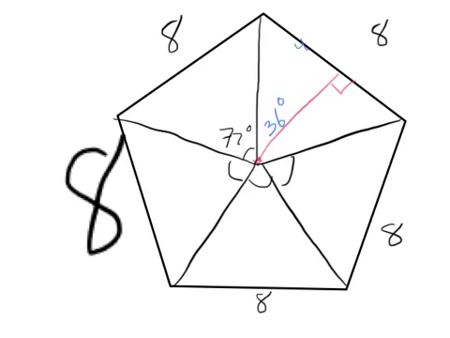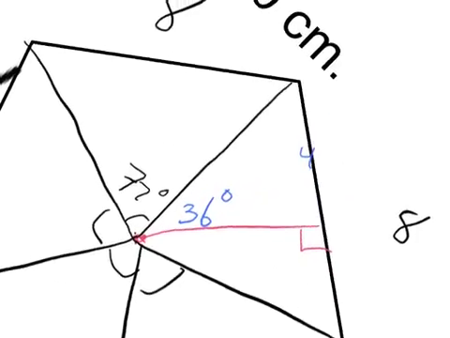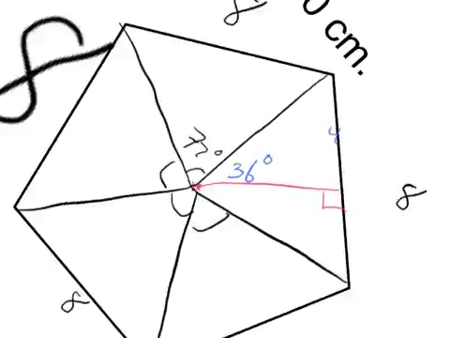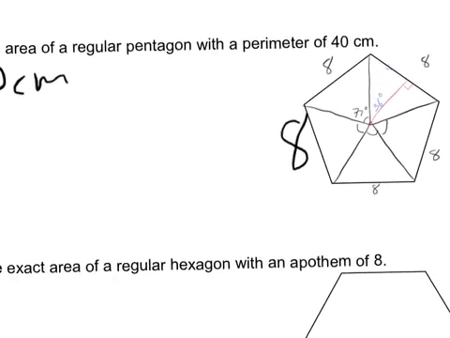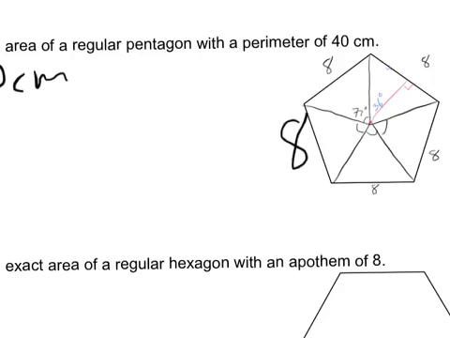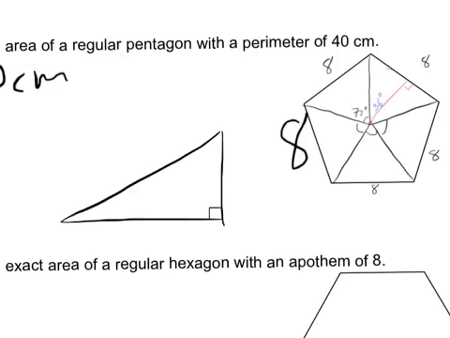And so now what I can do is zoom in on just this one little triangle, or what sometimes you might want to do is redraw this triangle that you're focusing in on a little bit bigger somewhere else. So here, let's draw it right here, because it's really just a right triangle with a 36-degree angle and a side of 4. And remember, we drew this little guy as the apothem, so this would be my apothem there.